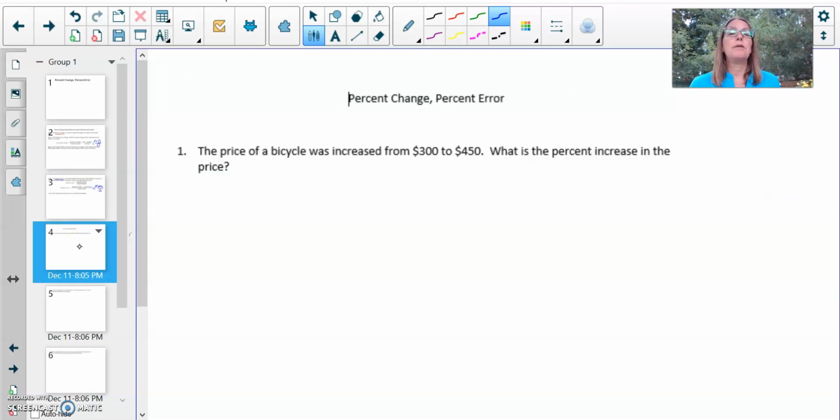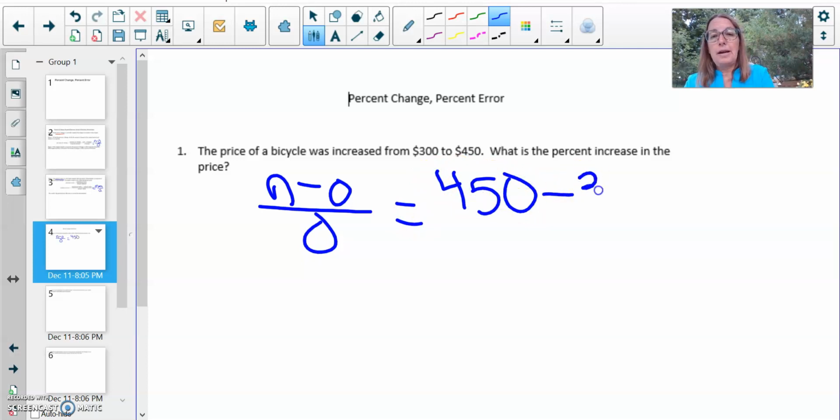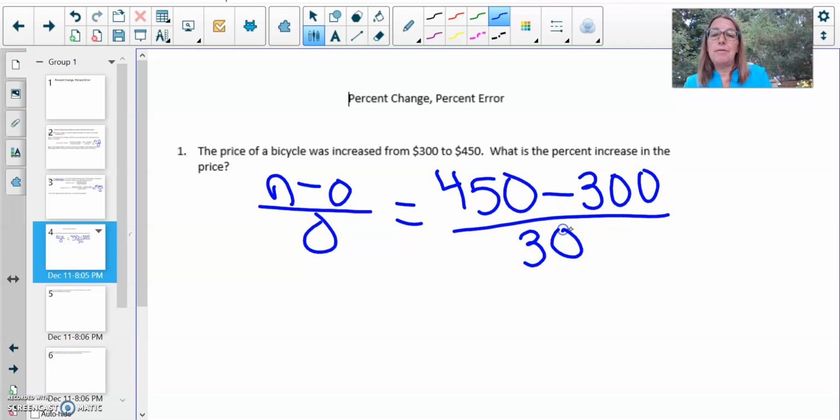The price of a bicycle was increased from $300 to $450. What is the percent increase in the price? I'm going to write down my formula first: new minus old divided by old. The new price is $450. The old price is $300. And I'm going to divide that entire amount by the original price, $300.